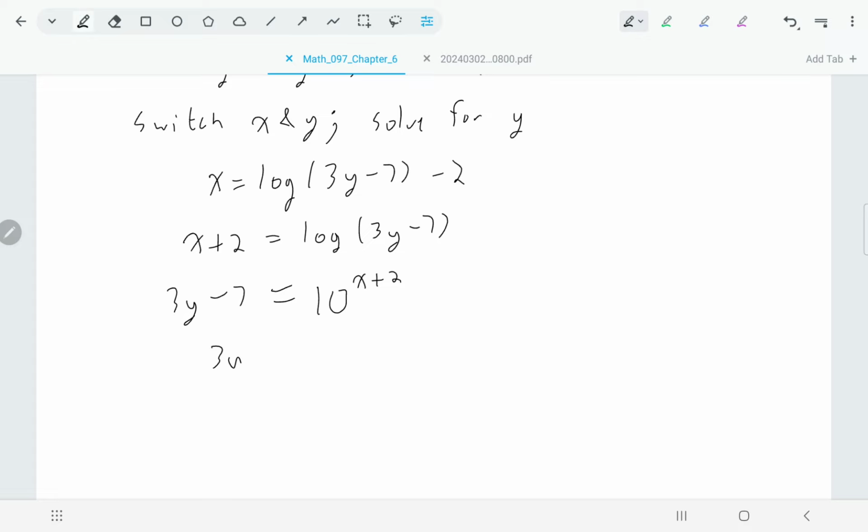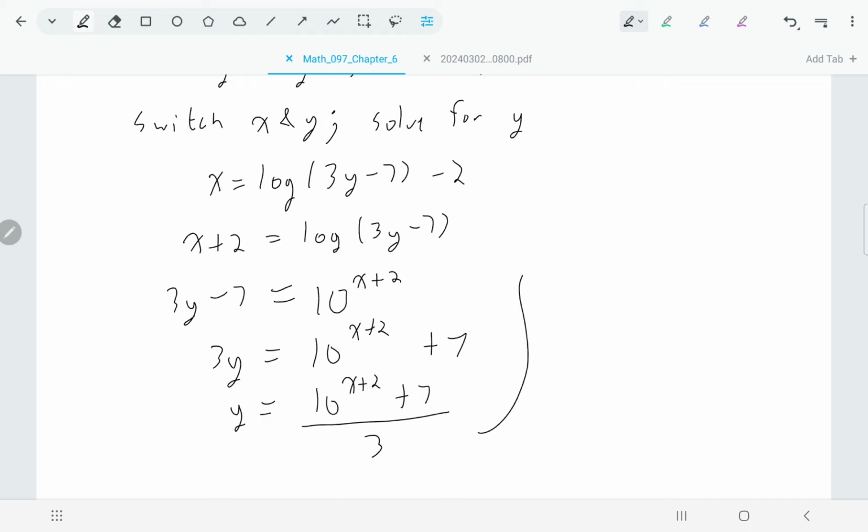And now just a little bit of extra work to solve for y, so I will bring the 7 on over to the other side, and then divide the whole thing by 3. And so now I can say that what I've just found should be g inverse of x. So g inverse should be 10 to the power of x plus 2, plus 7, all over 3.